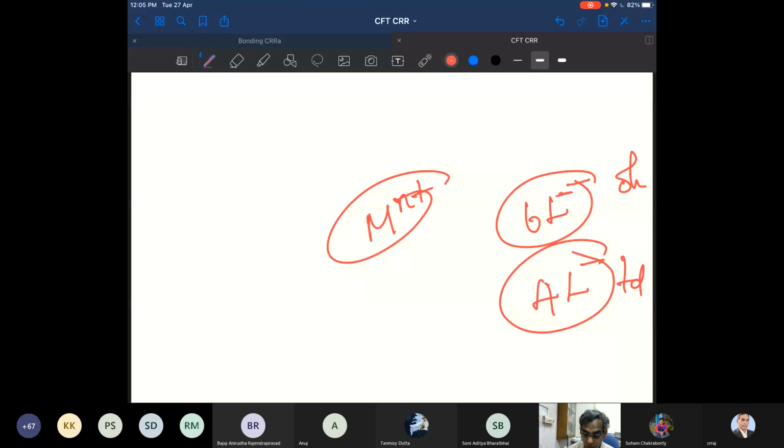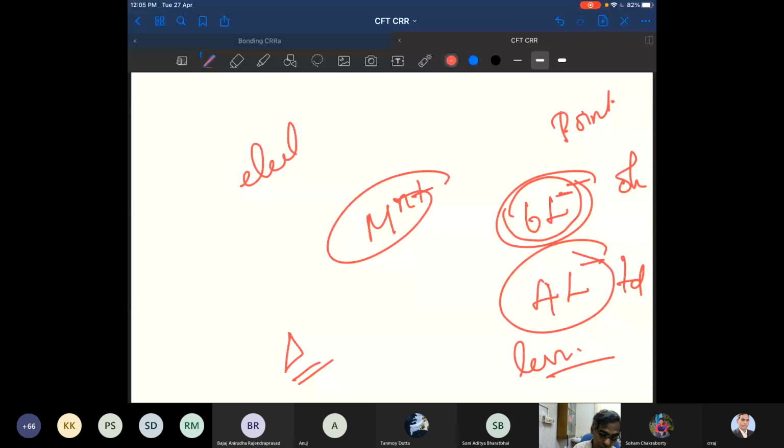Here you have a larger number of negative point charges, and here you have fewer point charges. Definitely your delta value should be less. Simply considering the electrostatic model, nothing else. I hope you got it.